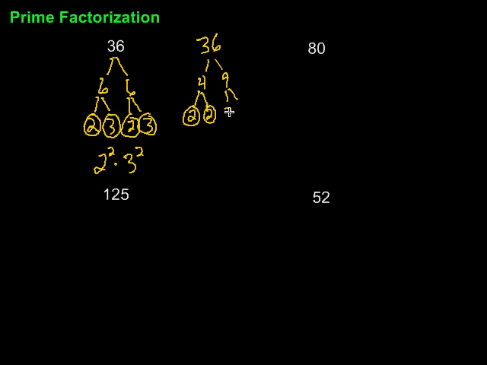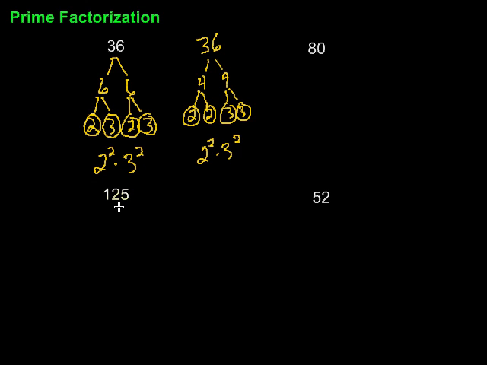Over here, the 9, that'll break up into 3 times 3. And here we are. Again, they're in a little bit different order, but it's the same numbers. 2 squared times 3 squared. So the prime factorization is the same no matter what numbers we choose to break up, as long as we keep going until we end up with those prime numbers at the end of our branches.